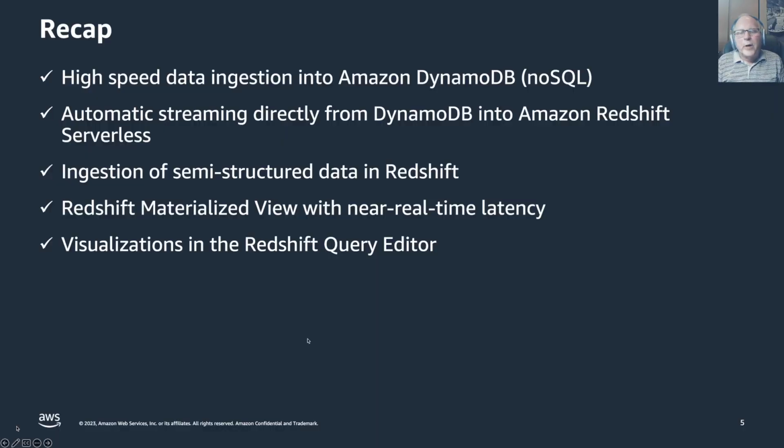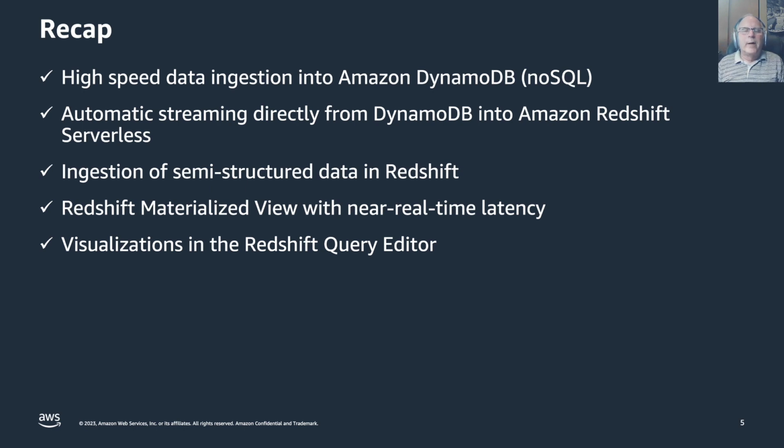Okay, well, let's wrap it up and recap what we saw. The first thing we saw was high-speed data ingestion into Amazon DynamoDB, which is our NoSQL database service. We saw automatic streaming directly from DynamoDB into Amazon Redshift with no stop in S3 along the way. We saw ingestion of semi-structured data into Redshift.